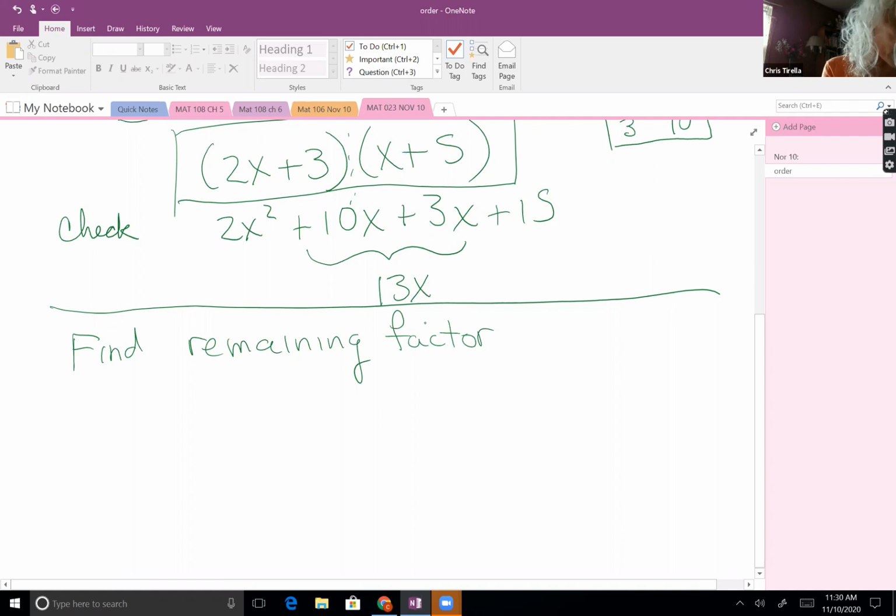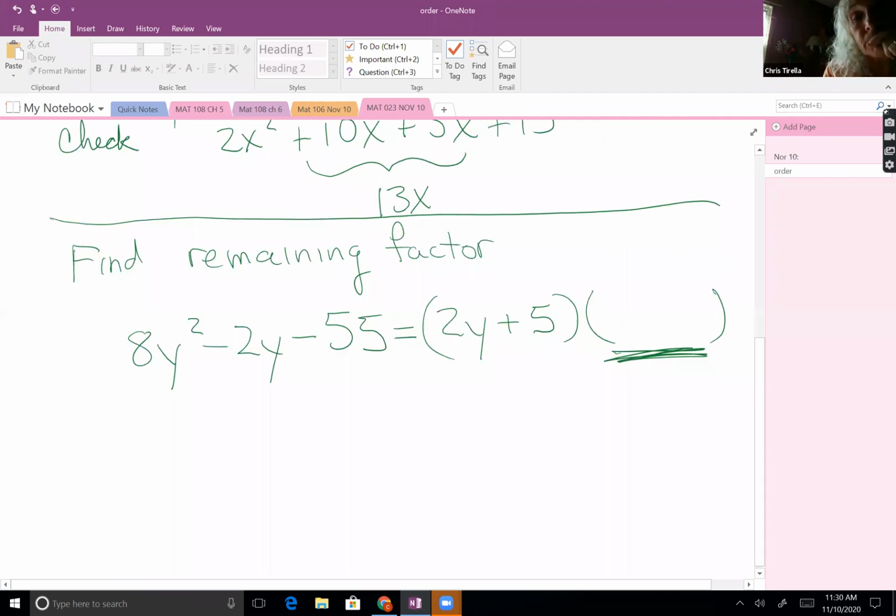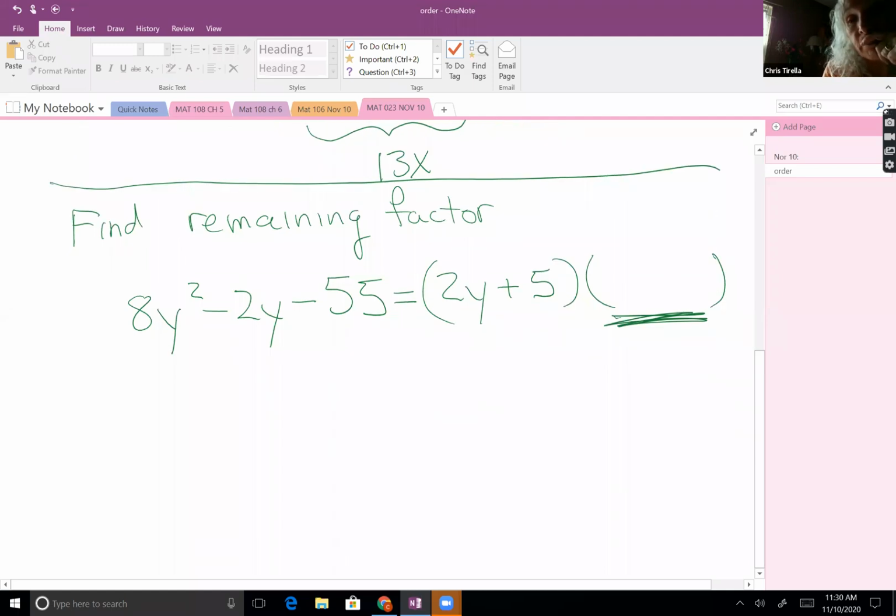And I might have something like 8y squared minus 2y minus 55 equals, and they tell me that one of the factors is 2y plus 5, and I've got to figure out this other factor. Well, with this one, if I know one factor and I'm looking for the remaining, I would probably approach this one more with that trial and error mindset.